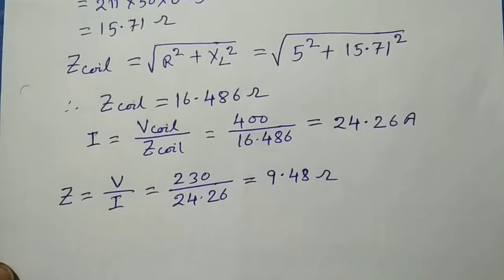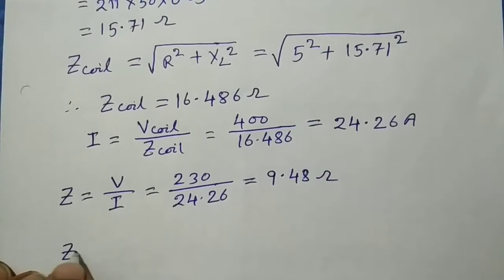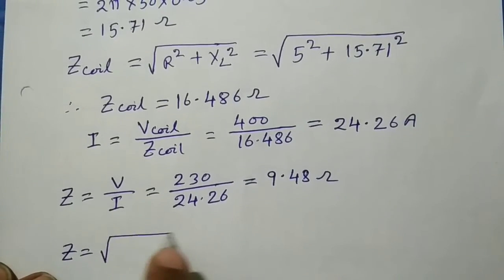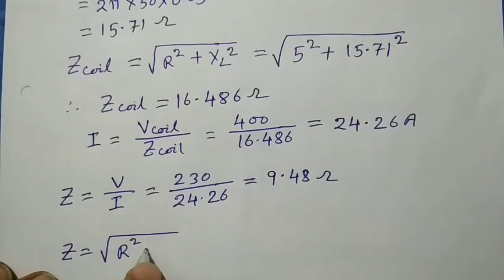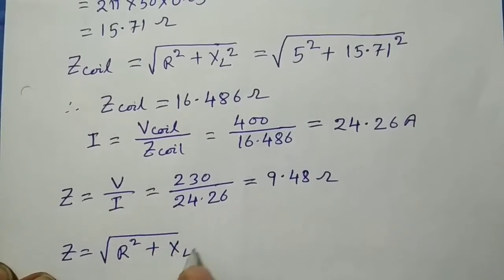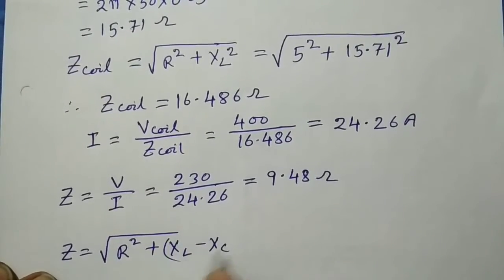Now in a RLC series circuit, the impedance is equal to square root of R square plus XL minus XC whole square.